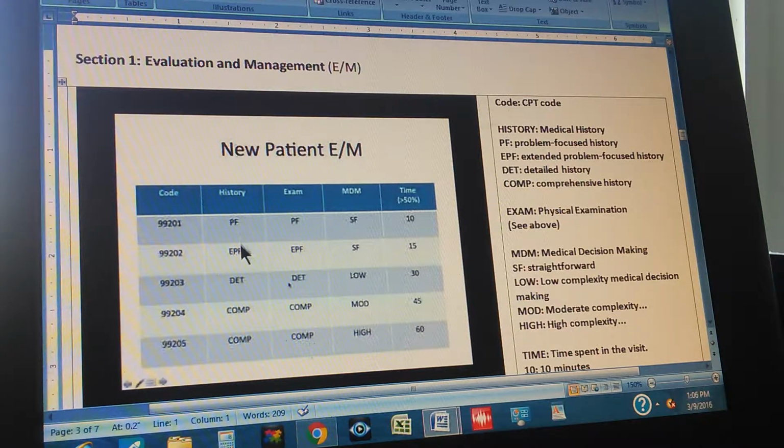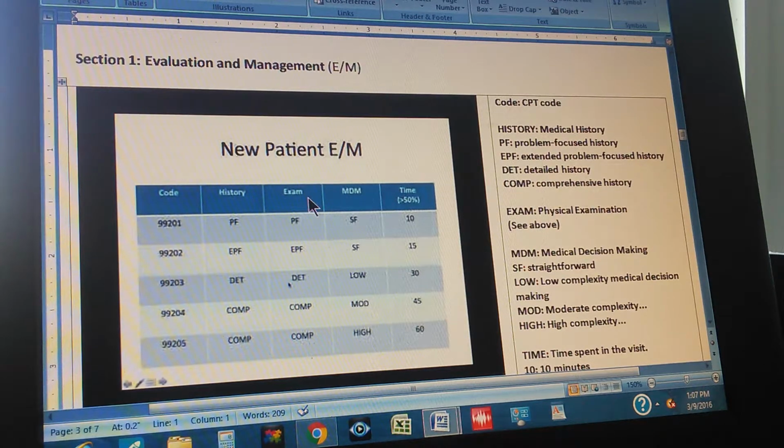That EPF means extended problem-focused history, that's another category. And then DET means detailed history, and COMP means comprehensive history. That's the first column. These are all the possibilities for history.